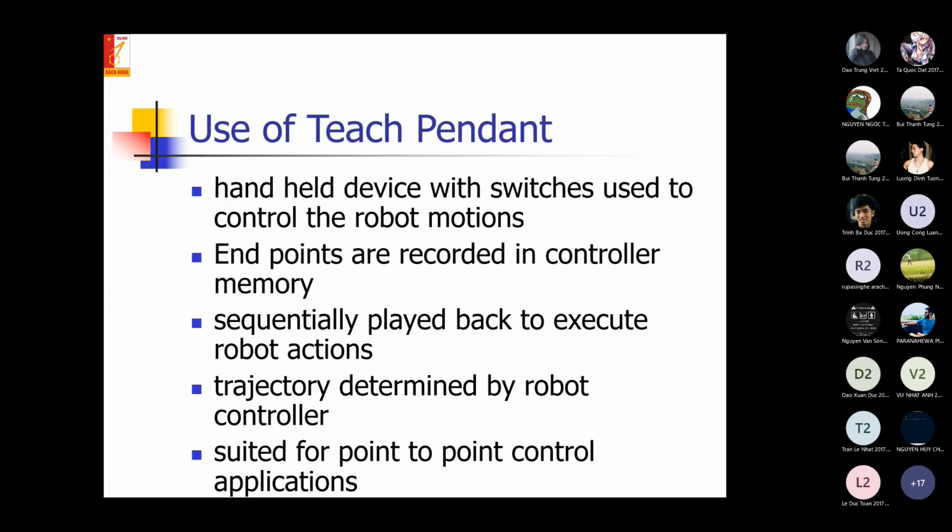So the first one, with online programming, we use the pendant. That is a handheld device with a switch that's used to control the robot's motion, and it can be considered as an interface between the user and the robot.